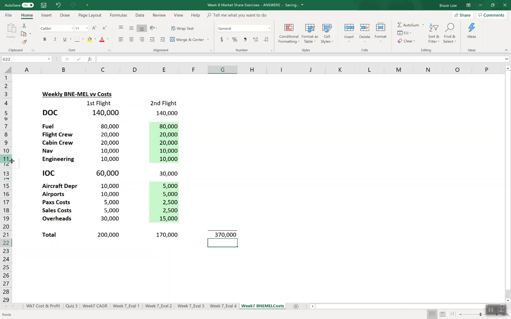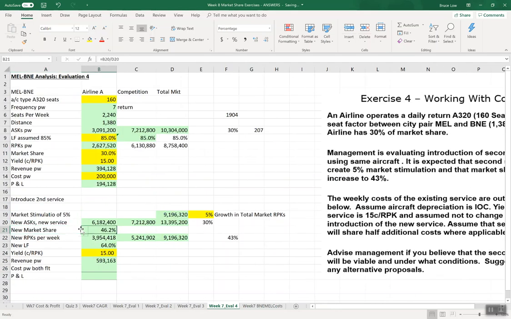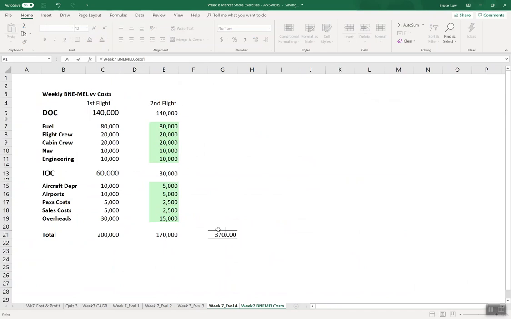Okay, so your first flight is $200,000 and your second flight is $170,000. So we're halving the indirect operating costs, but the direct ones are relating to how much we're flying. So our new costs are $370,000. We can link that in there if we like.